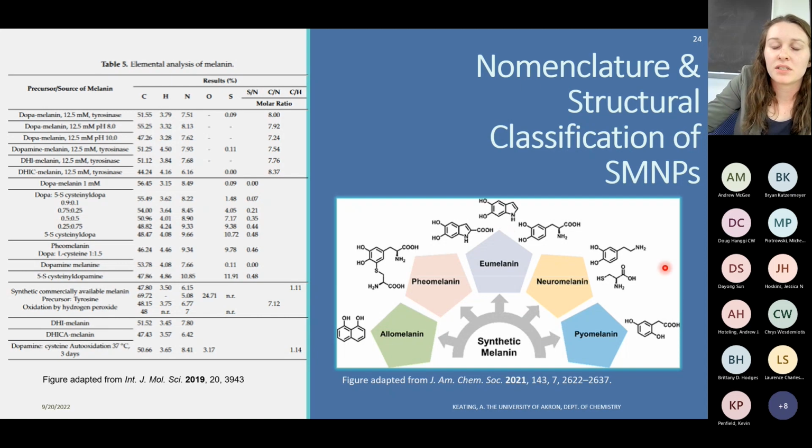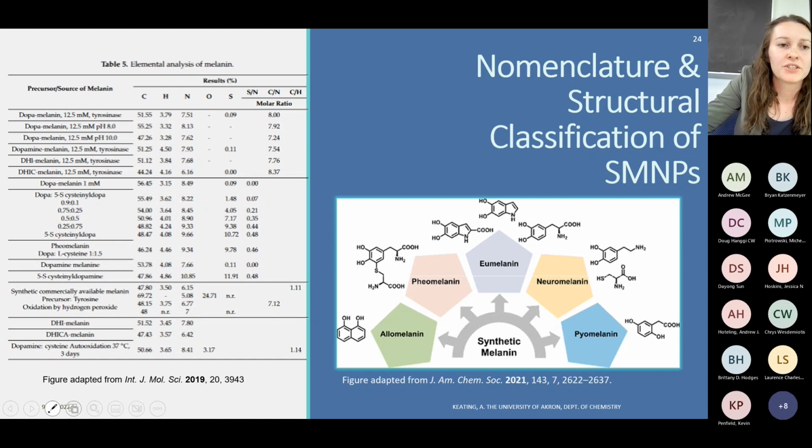These species form different types of synthetic melanin, as described in this paper. They've classified them as allomelanin, pheomelanin, eumelanin, neuromelanin, and pyromelanin. Most of this classification has come more from pyrolysis GC and structural properties rather than chemical bonding.